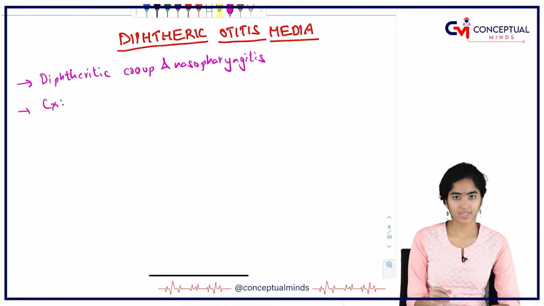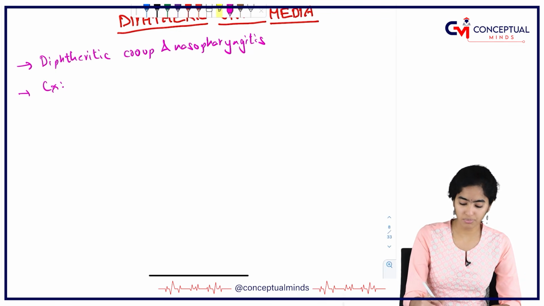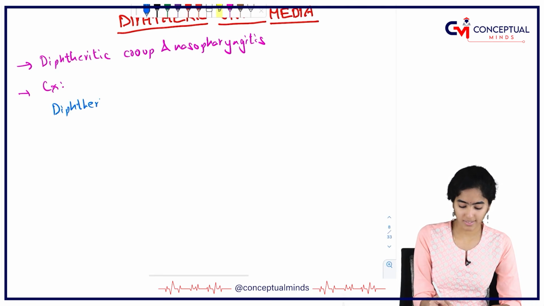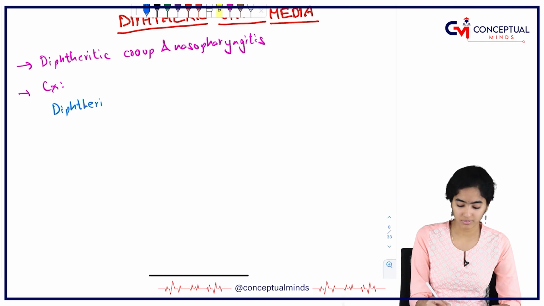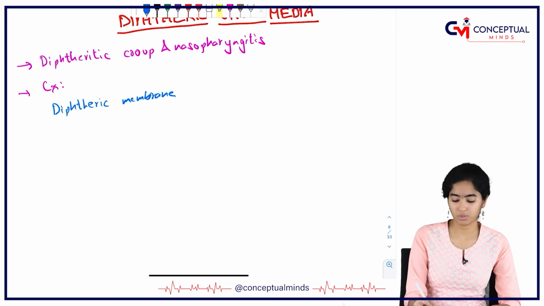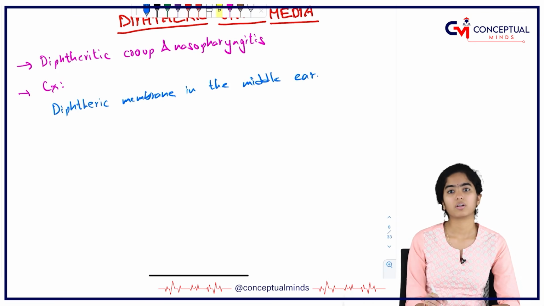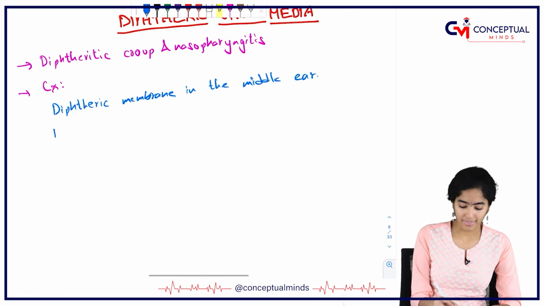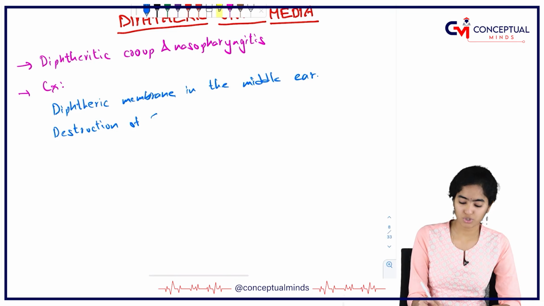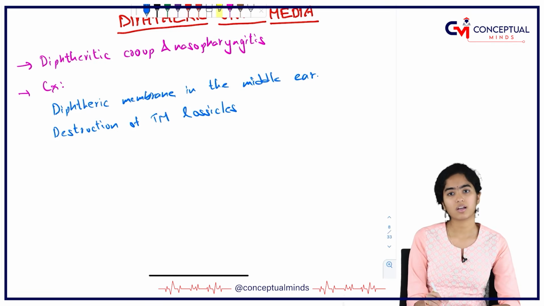What could be the complications? A diphtheric membrane could be formed in the middle ear, just like how it is formed in the pharynx. Destruction of the tympanic membrane and ossicles, the middle ear ossicles, can occur.